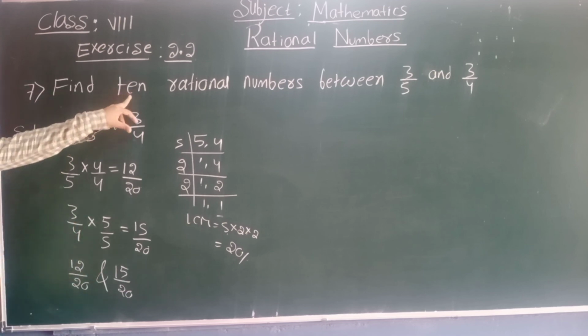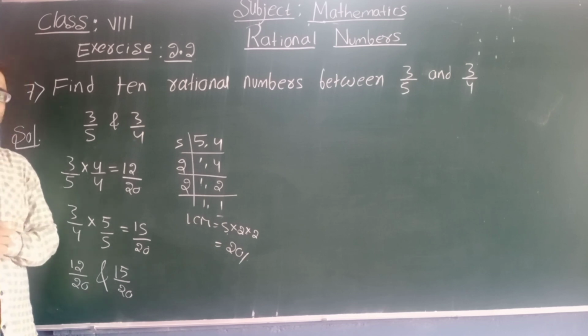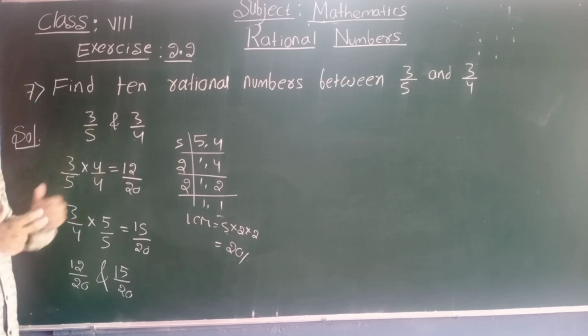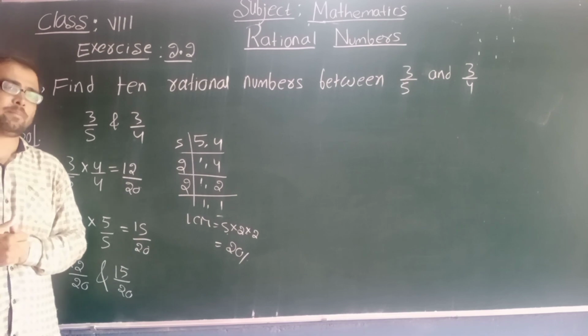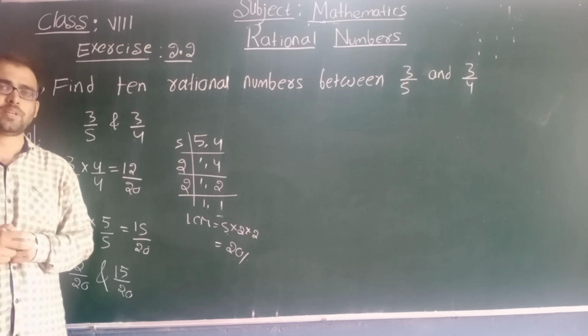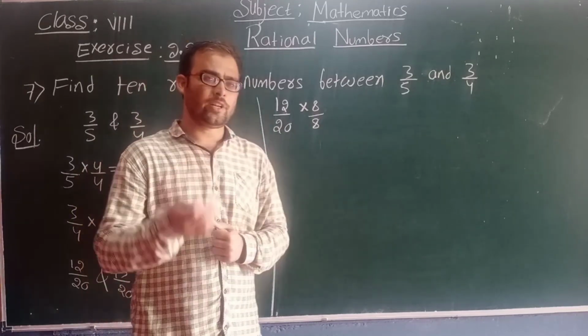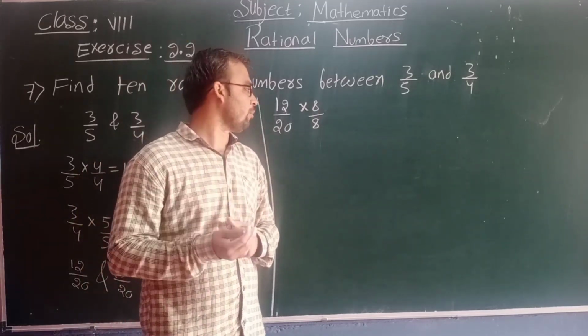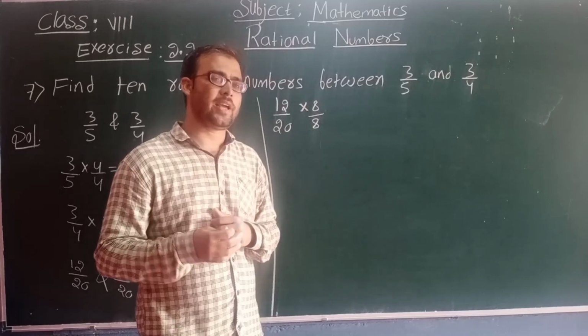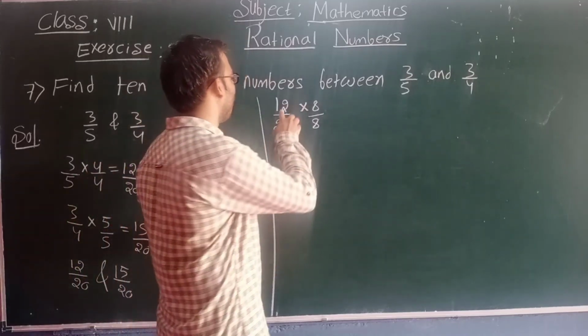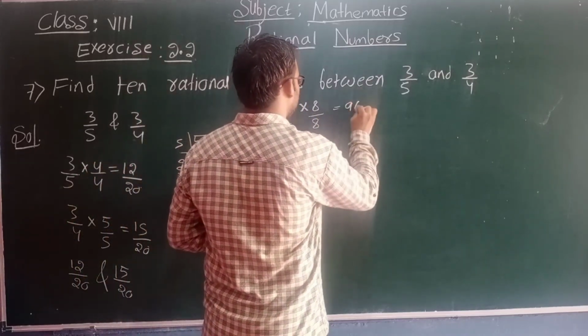But what have they asked? They have asked to write 10 rational numbers. So here also same thing. What do we need to multiply? We need to multiply by some other number so that we can get many rational numbers. So here, students, I am multiplying by 8 by 8. I am telling you again that you need not multiply by 8 only, you can multiply by any other number also. So 12 8s are 96.